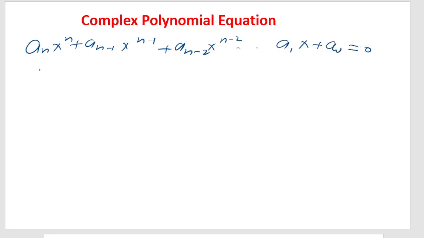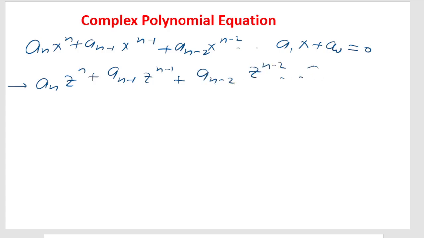In fact, even though I am writing x, x can be any number. It may be complex, it may be real. So in general, if you're talking about the complex polynomial equation, we write it like this: a_n z^n + a_{n-1} z^{n-1} + a_{n-2} z^{n-2} up to a_1 z + a_0 = 0.